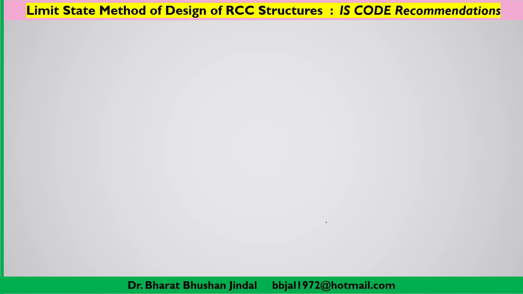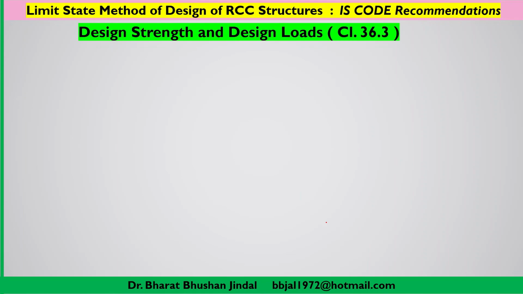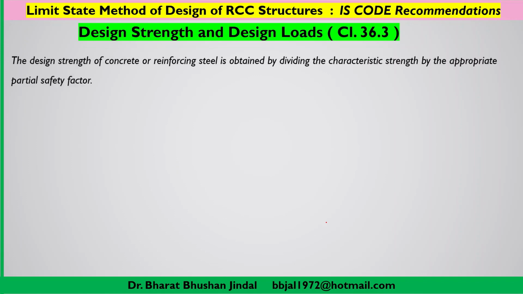Now, in the limit state method of design, here is some more information: design strength and design load, and how to calculate them. As already discussed, the design strength of concrete or steel can be evaluated by dividing the characteristic strength by the appropriate partial safety factor.